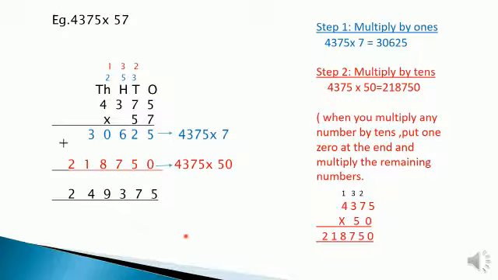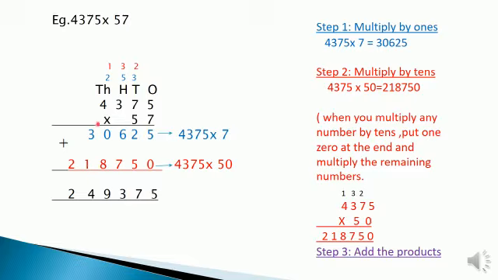And the last step is add the products. These two products you have to add. When you add 5 plus 0, 5. 2 plus 5, 7. 6 plus 7, 13. 3 right here and 1 carry to this place. 1 plus 8, 9. 3 plus 1, 4. 2.